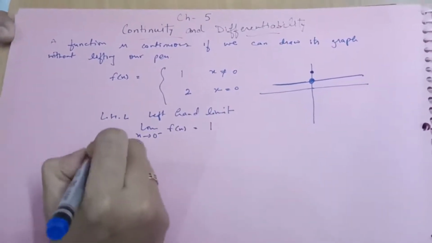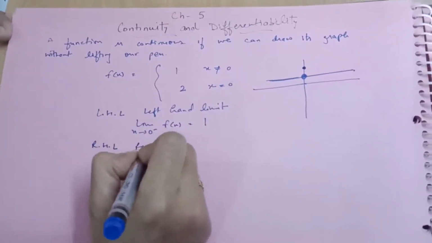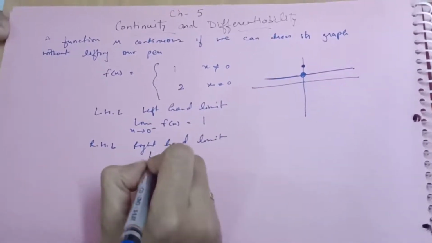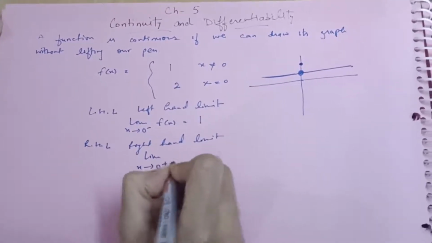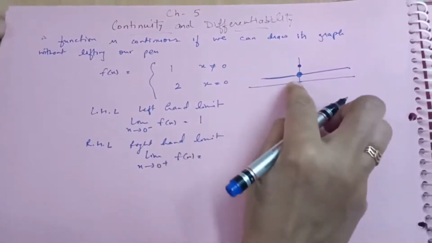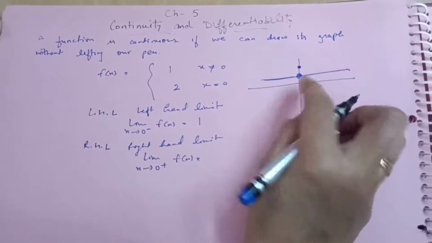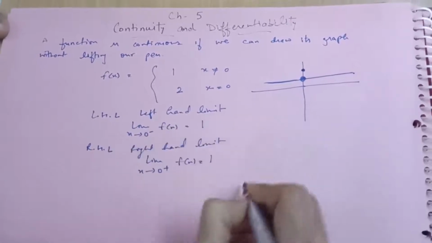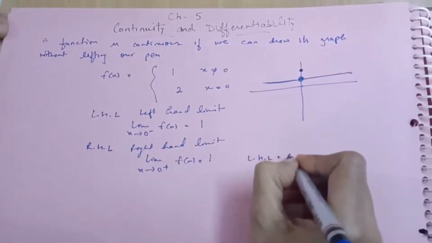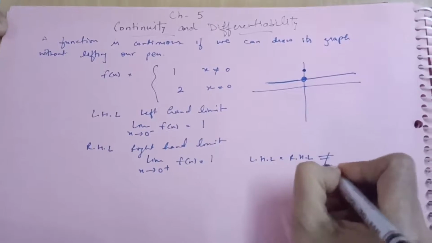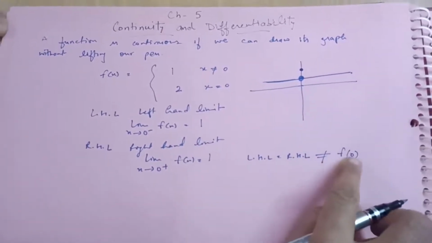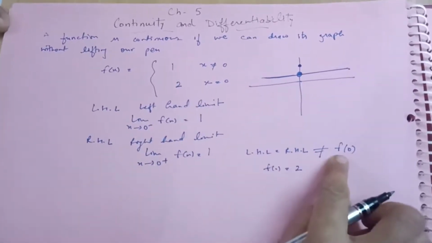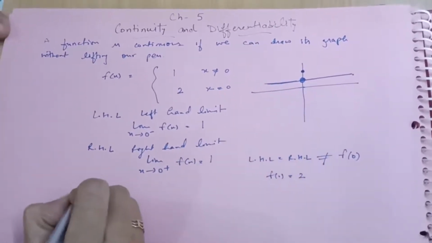The right hand limit is the limit as x tends to 0 plus of f(x); we add a little h on the right hand side, h tends to 0, and the value is 1. So I say that the left hand limit is equal to the right hand limit, but not equal to the function's value at 0. The function's value at 0 is 2, so it is not equal. So this function is not continuous.